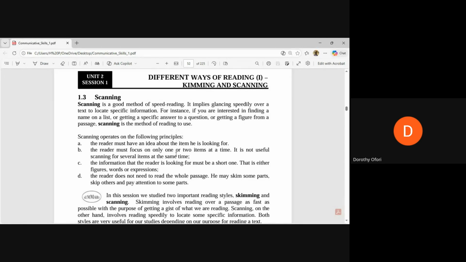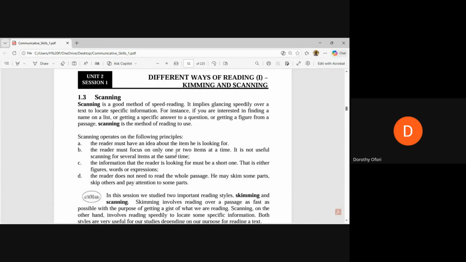So before you scan, you have a particular idea in your head, a particular answer. That is what we know scanning to be, other than skimming. So when we compare skimming and scanning in terms of speed, we can say that scanning is very, very fast, because you don't even read the whole paragraph. You are looking at the word. But for skimming, you read a bit.